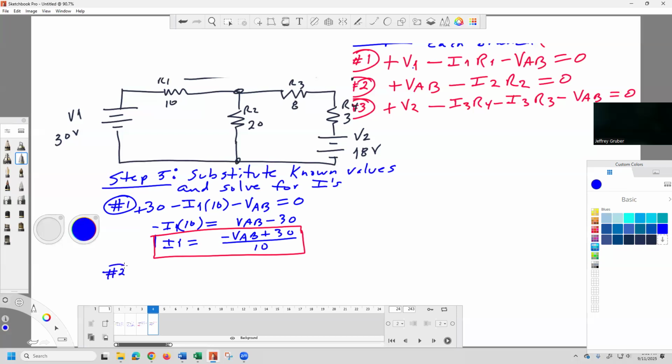Equation number 2. We don't know VAB. We know R2, I2. R2 is 20, equals 0. So I2 is VAB divided by 20.